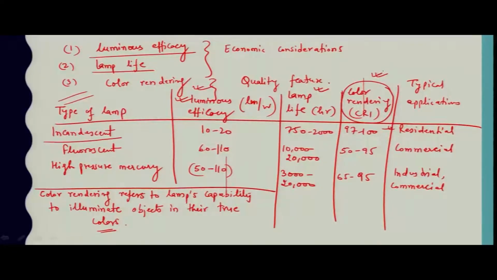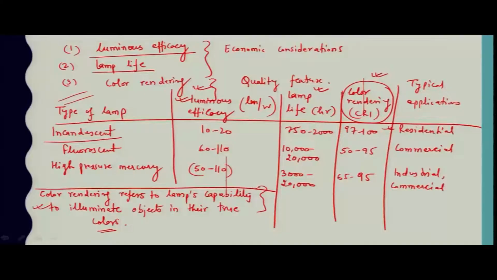So the lamp types vary in this capability. The issue is important for tasks in which color must be identified or compared for some purpose. For that case, true color identification is very much important in any let's say workstation. So how would you measure this color rendering?